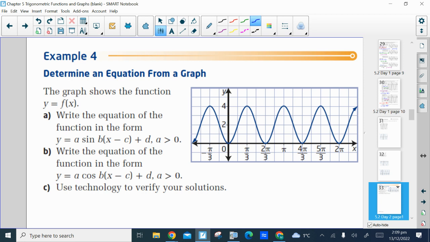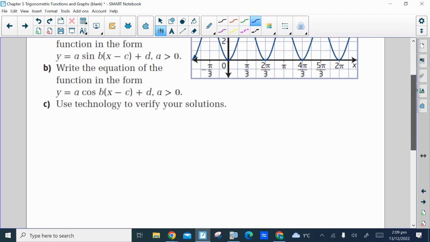This one says write the equation of that function in the form y equals a sine b x minus c plus d, where a is greater than 0, which means you could not write the equation with a negative value of a, meaning that the graph is reflected over the x-axis. It says a has to be greater than 0. So we need to determine what the 4 parameters are.